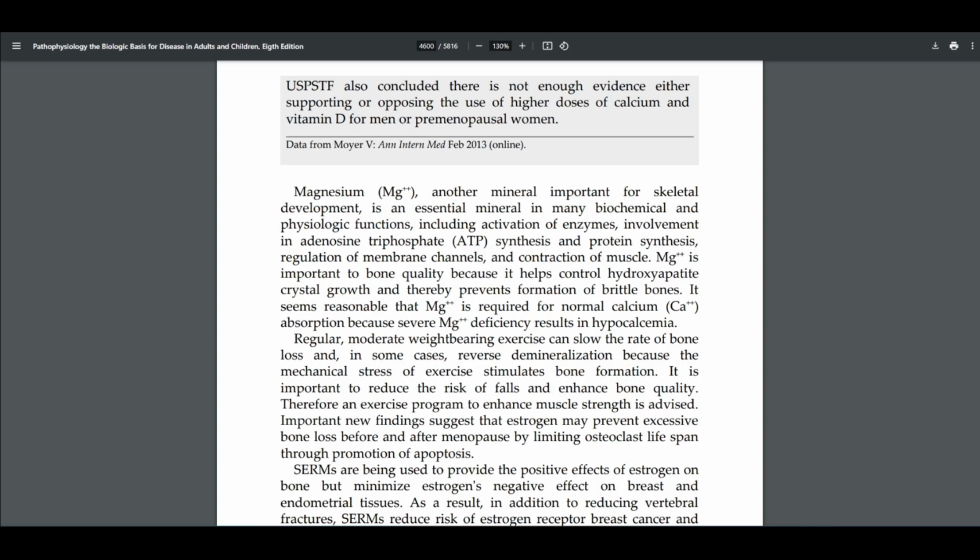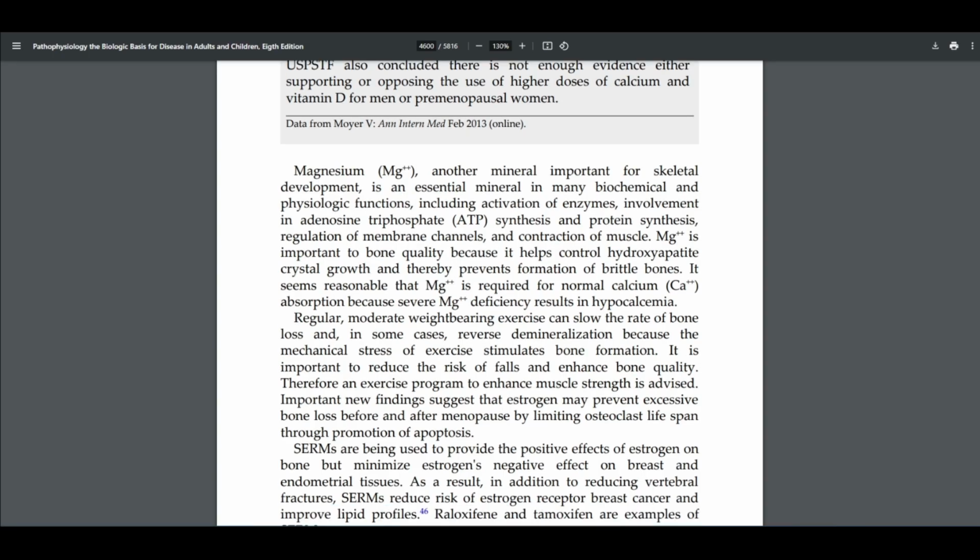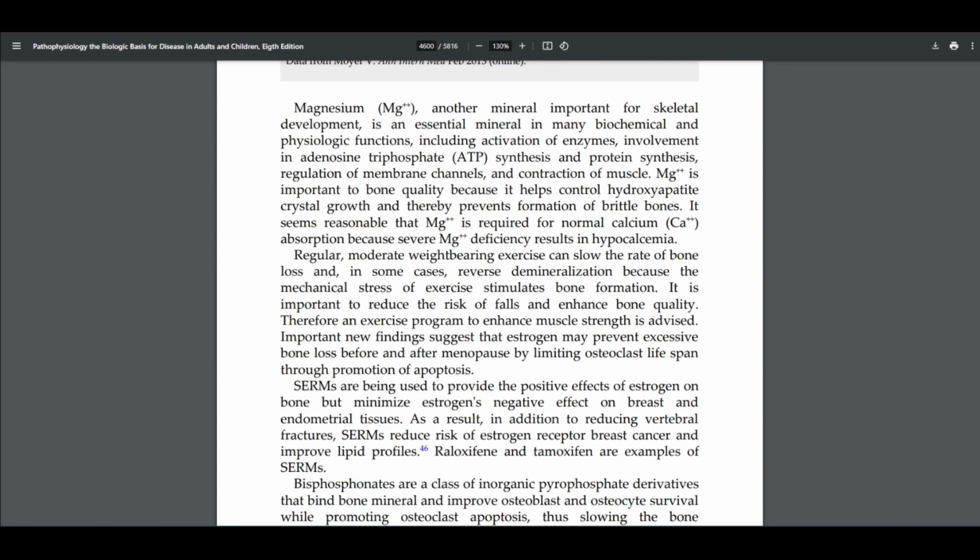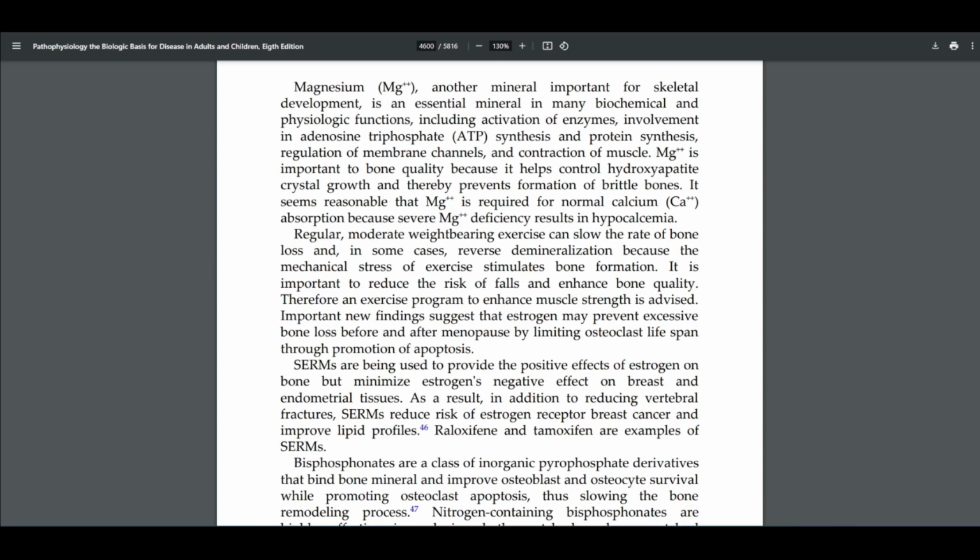Magnesium, another mineral important for skeletal development, is an essential mineral in many biochemical and physiologic functions, including the activation of enzymes, involvement in adenosine triphosphate, or ATP synthesis, and protein synthesis, regulation of membrane channels, and contraction of muscle.